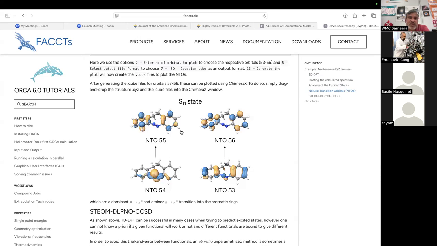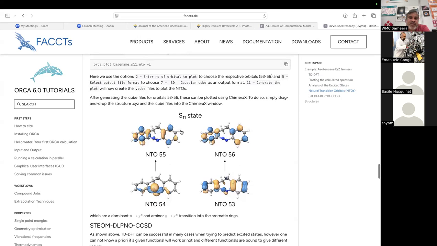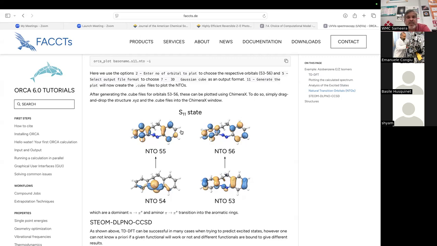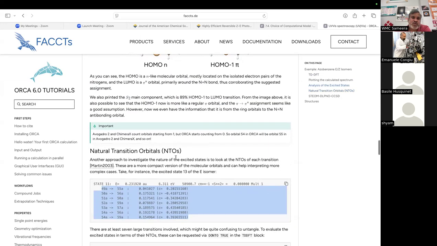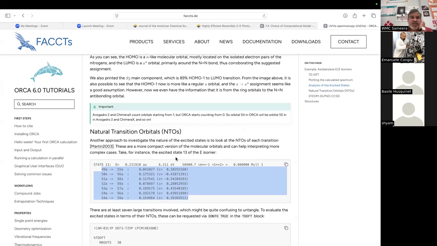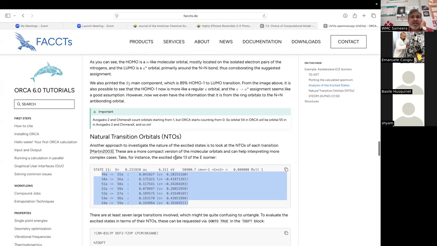They simplify the nature of the excitation, and it is graphically useful to visualize, and then you can understand the excitation happening from this rather localized nitrogen based orbitals to pi star based orbitals on these rings. So you can interpret like that. So it is not a very simple molecular orbital, but a natural transition orbital. So this is a very important technique if you want to analyze complicated excitations.